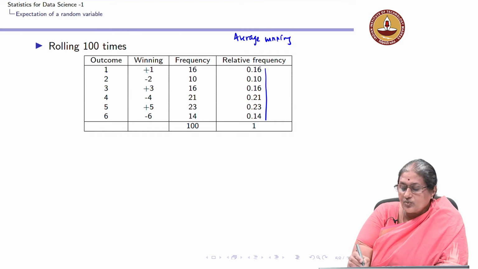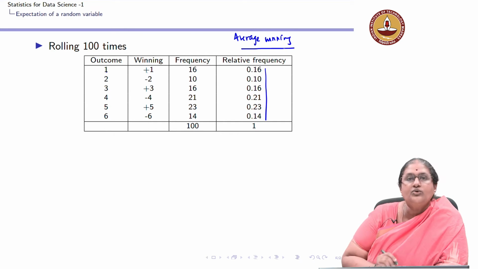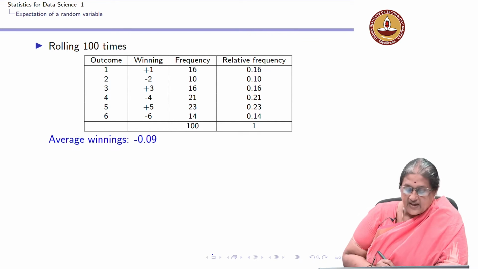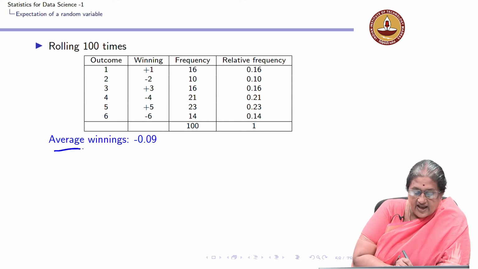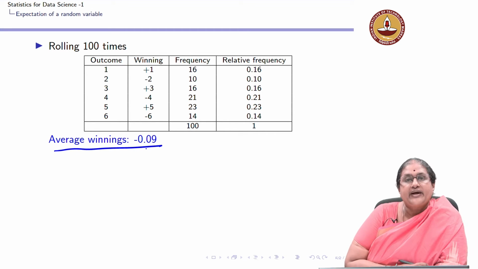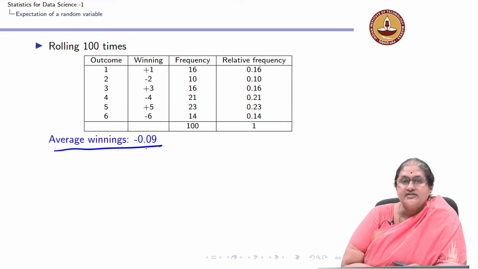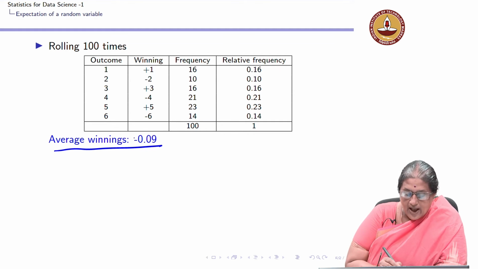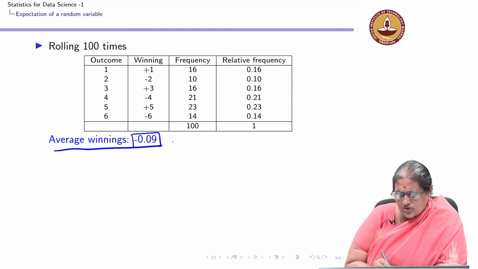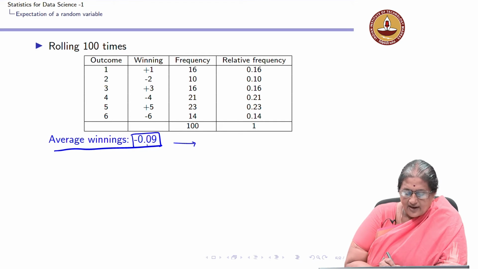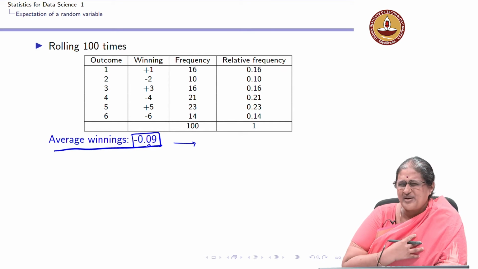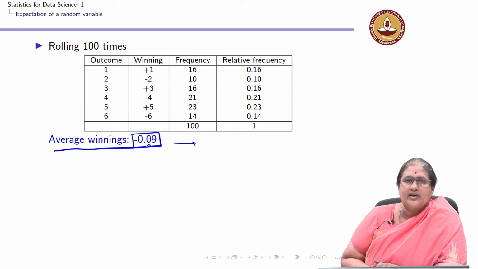We also know how to compute the averages, and you can check that the average winning is -0.09. So the average winning is negative. This might say that you don't play the game because it is negative, but again it is not that negative, so I might be tempted to play the game.